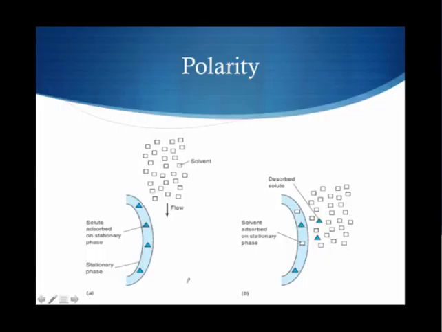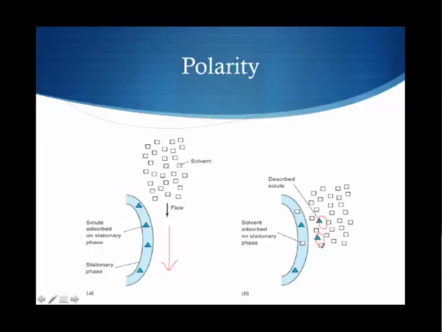Okay, so let's take a closer look at this diagram. Remember that we're working in normal phase chromatography, which means a polar stationary phase and a nonpolar solvent. We can see that the solvent is flowing in this direction. As it's flowing, you can see that solute particles are coming off of the stationary phase and starting to interact with the solvent, or the mobile phase.